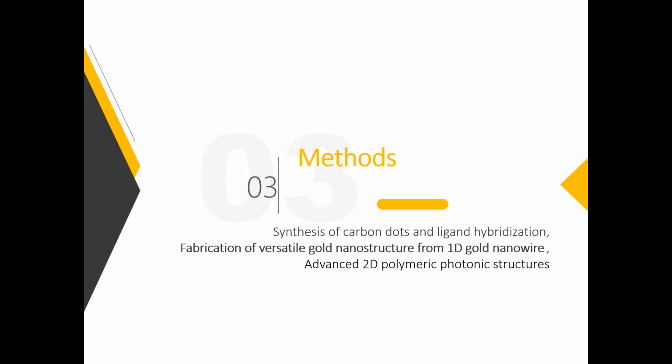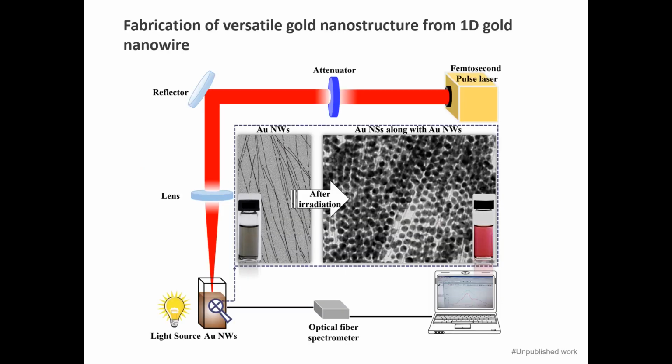So coming to the next section, the next example is fabrication of Westlake gold nanostructures from one-dimensional gold nanowire. The same experimental setup. Here we just change the precursor material as we want.